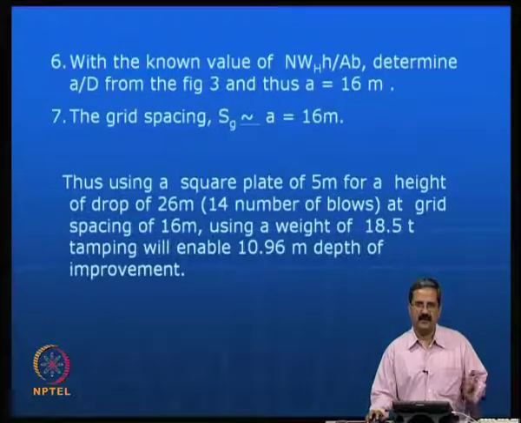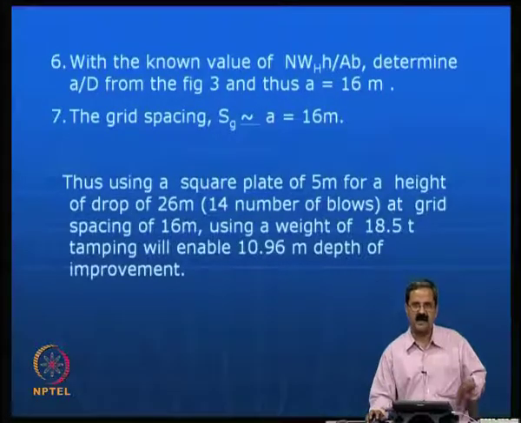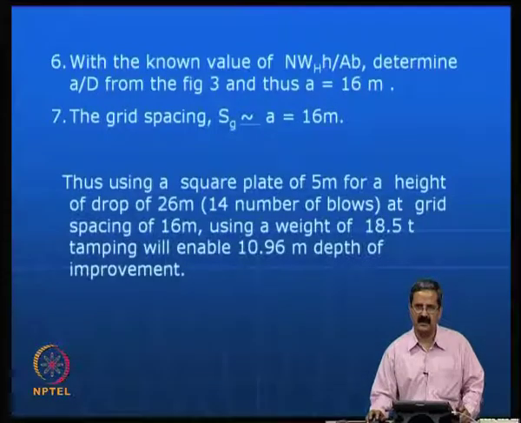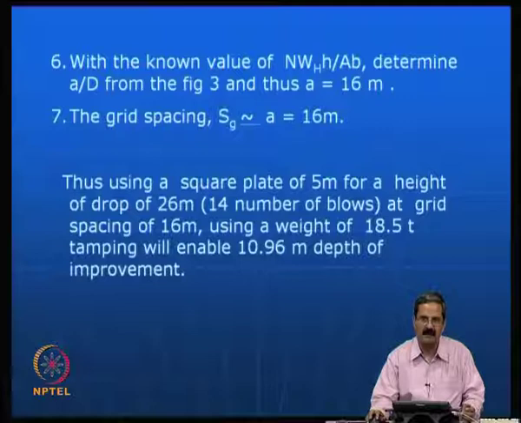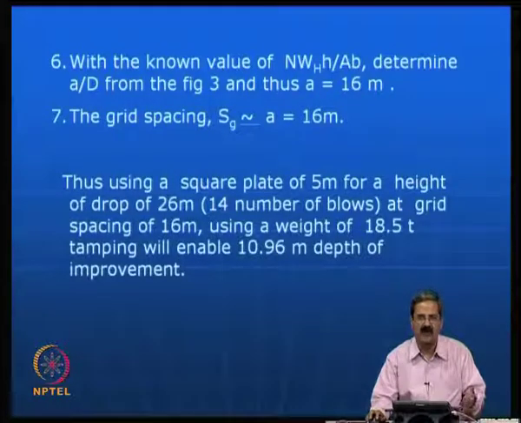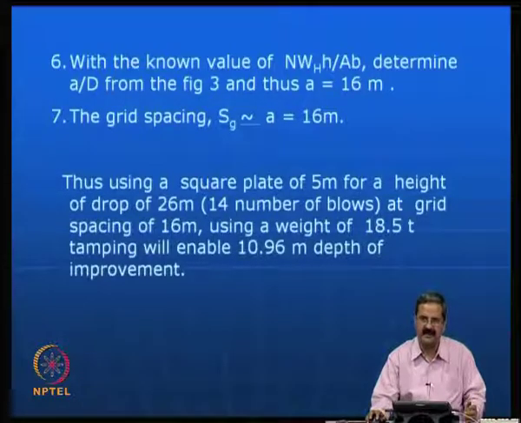In fact, if you want to go for higher depth, you can increase the height of fall, or you can always play with some of the variables and come out with whatever is required. Say for example, if you need only 6 meters, you can alter the whole design by using appropriately all the numbers. Essentially, height of drop is one variable and the spacing is another variable.